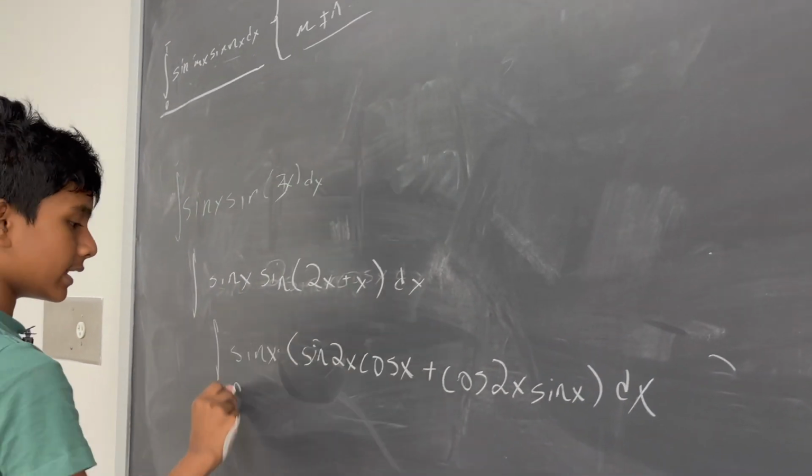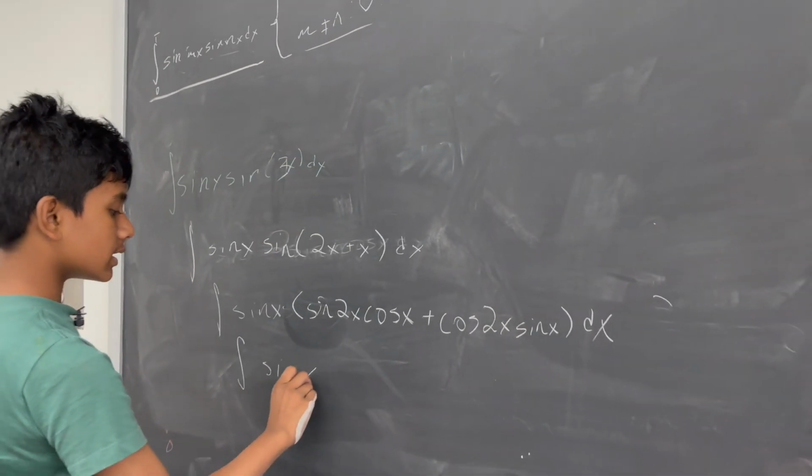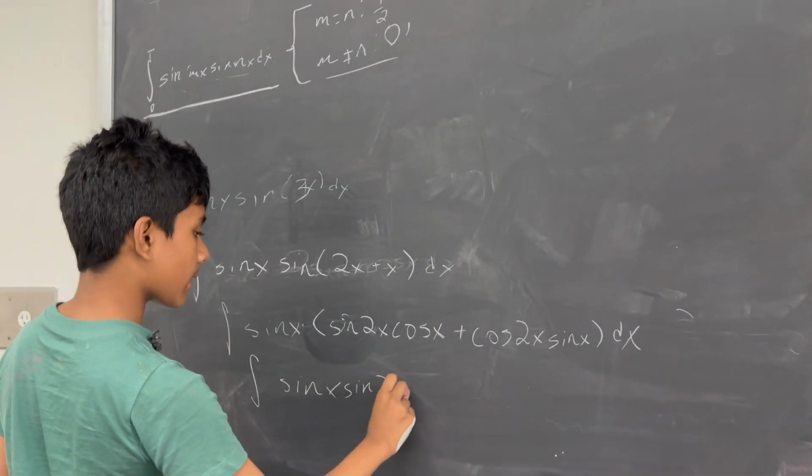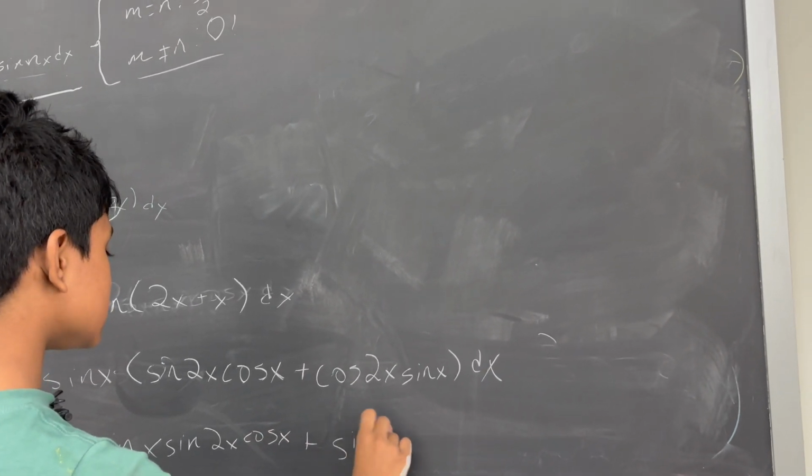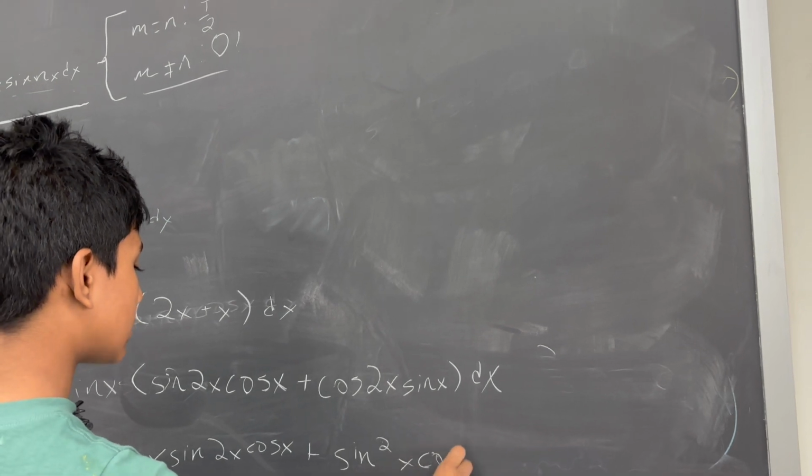So what do we get at the end of it? Sine x, sine 2x cos x plus sine squared x cos 2x.